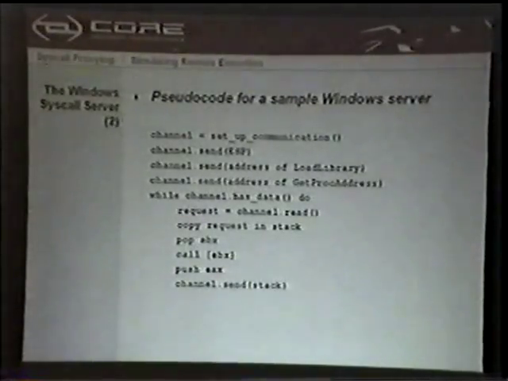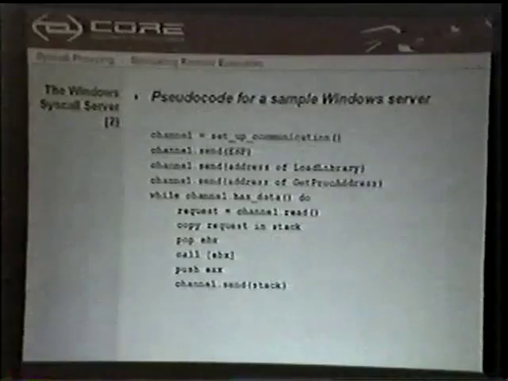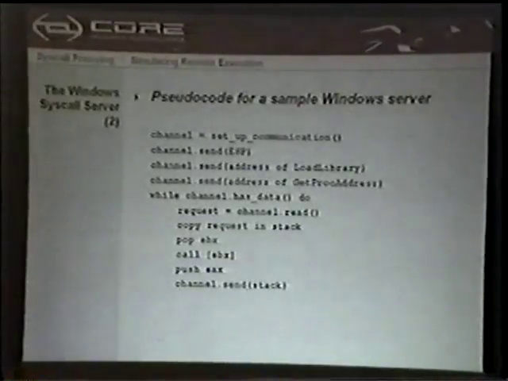And this time, it's even better because the DLL calling convention in Windows passes all the arguments on the stack. It will pop the address of the function I want to call, and it will just call it and send back the response. So in this way, the client can tell the server to call any function that it wants, and also make the server load new libraries and get the addresses of new functions to call.